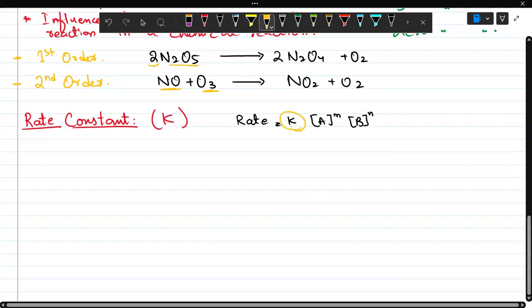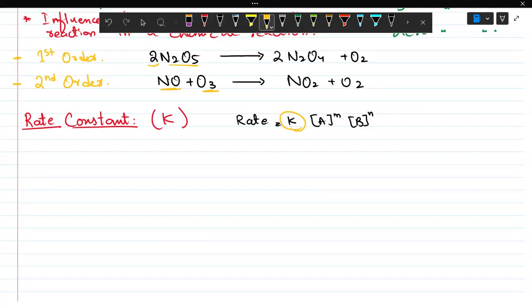This K is basically the rate constant. Always remember that. Rate constant is basically the constant value in a chemical reaction. The ratio of the rate of reaction and the concentrations is known as the rate constant. Now, let me tell you what the rate constant is and how we will go about it.